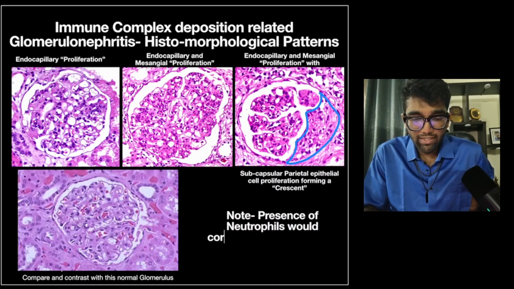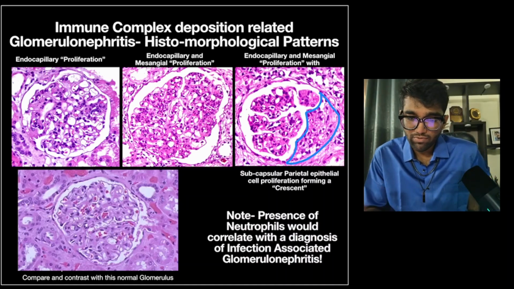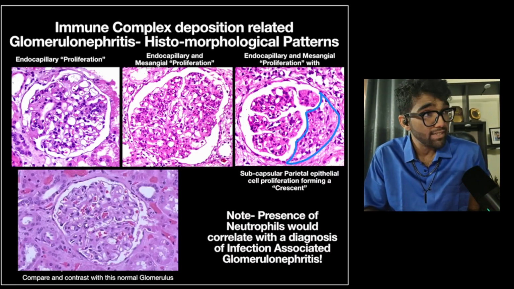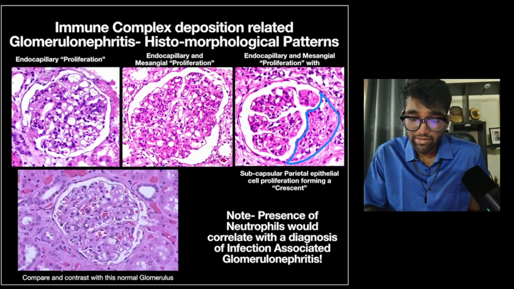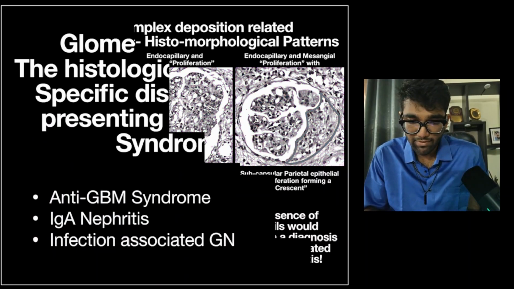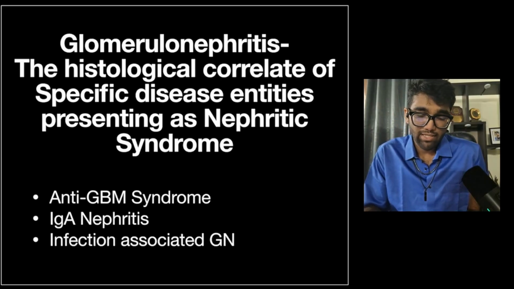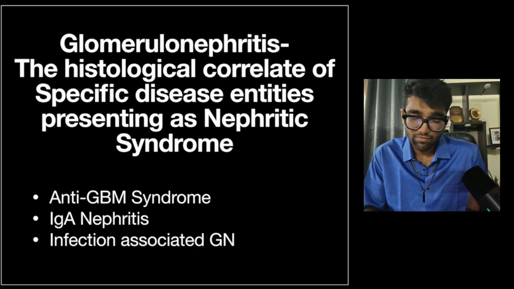Now, importantly, the significant number of neutrophils that are present in all of these histological sections indicate that this patient has got an infection associated GN. It is a soft marker that this is infection related. Okay. Now we'll talk about the specific histological entities that can present with this spectrum of changes.